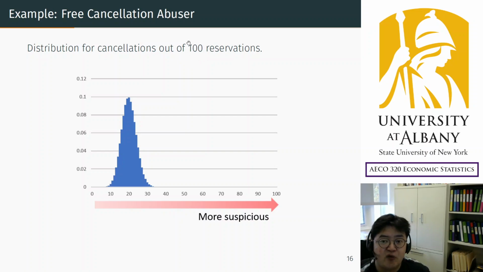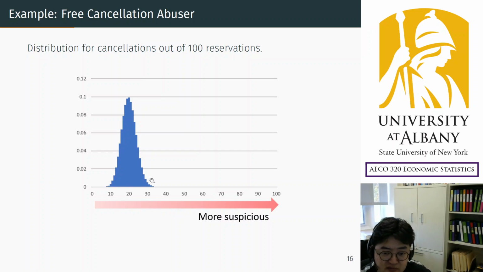So the parameter for the binomial distribution is now 100. In this case, the binomial distribution is more like a normal distribution by the central limit theorem. It is centered around 20 because on average, out of 100 times, 20 times will be cancelled.